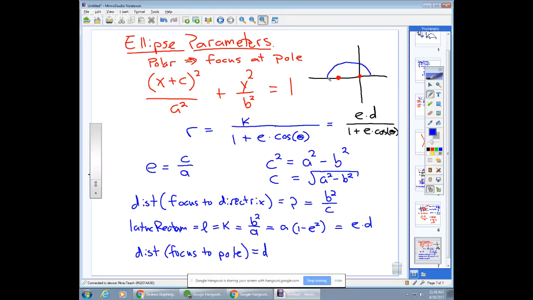So this equation here and this equation here would lead to ellipses that look like that. These relationships down here, it doesn't matter whether it's horizontal, vertical, sine or cosine, these are always the same. Okay, so we're running out of time.